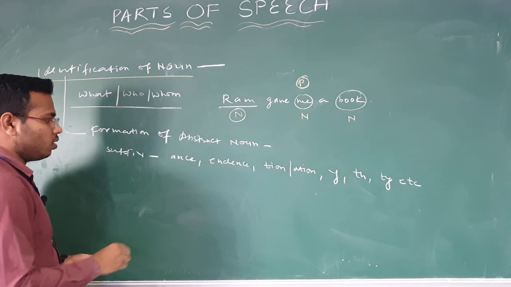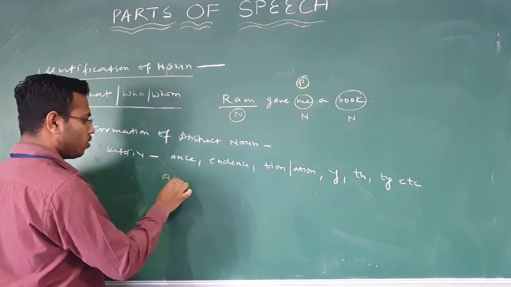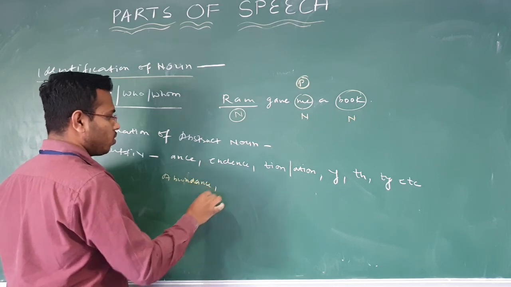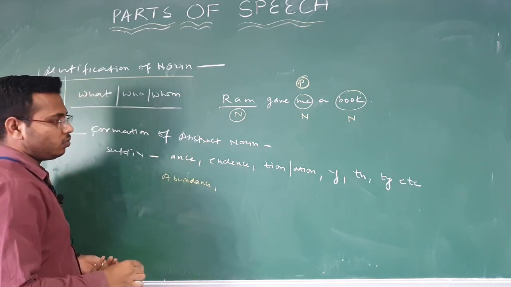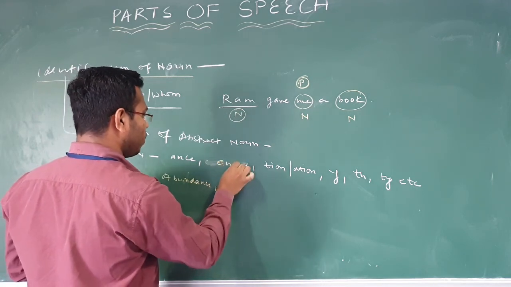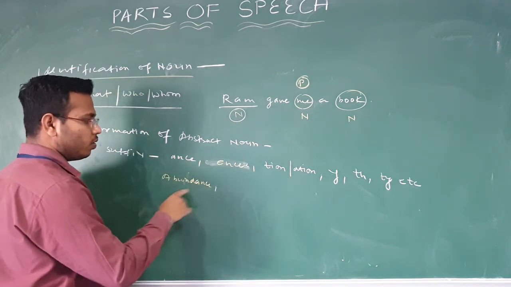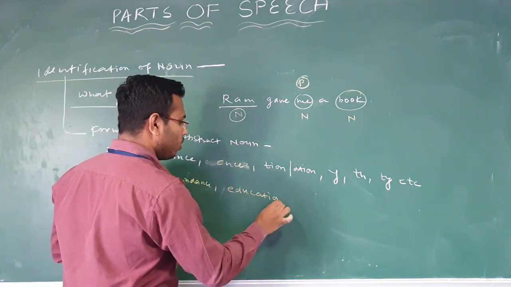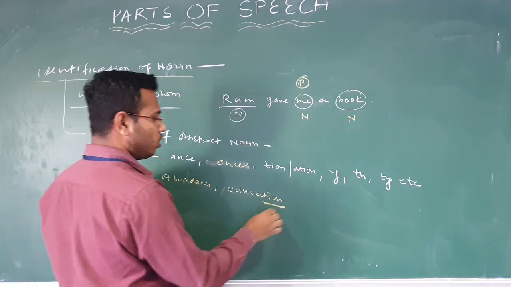For example, abundance. Basically here ence, abundance. Education, we are adding tion, education.